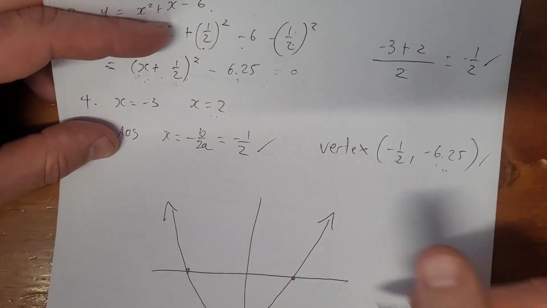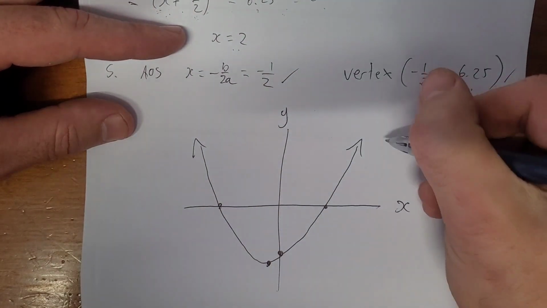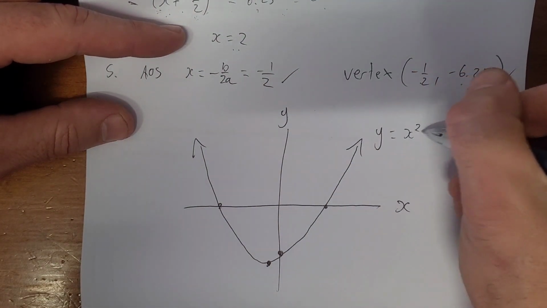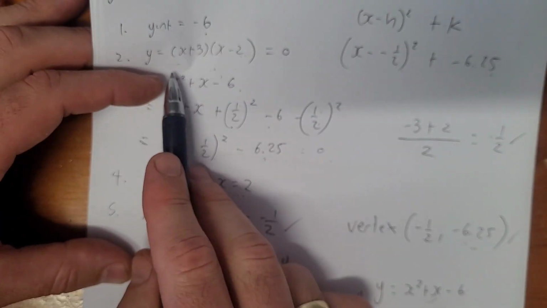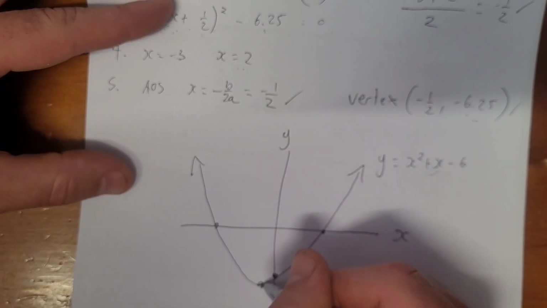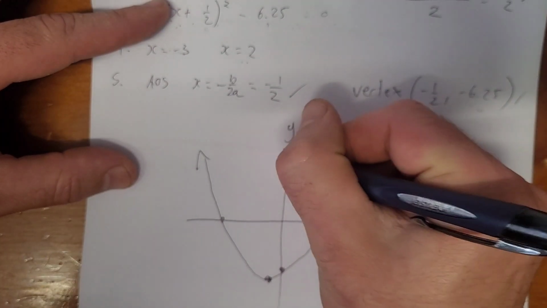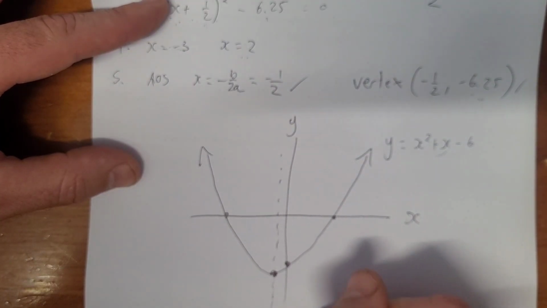Here's the quadratic. Now, in order to get full marks for a graph, we want to make sure we label our axes. We label the graph. Now, we could label it like that in linear factor form, or we could even label it in completed square form. Doesn't matter. But we just want to list all of those things. We have the axis of symmetry is x is minus half.